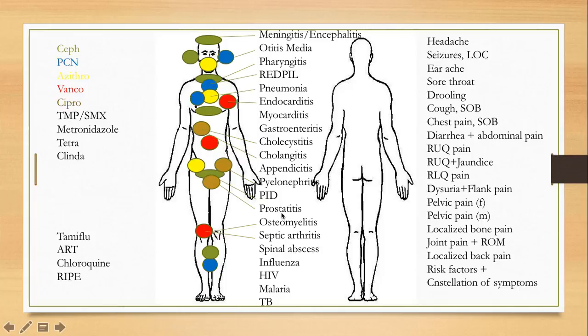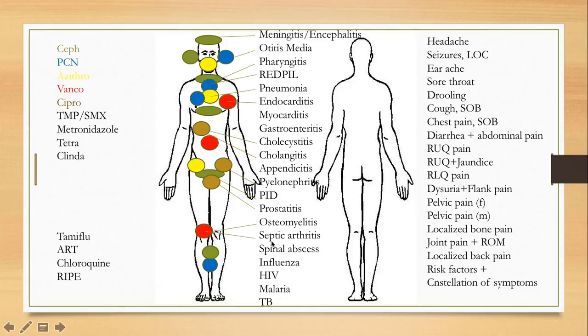Prostatitis patients, we already talked about it, so if you think it's an STD related prostatitis versus non-STD related, you can do ciprofloxacin in older folks, and then younger patients will get better with either azithromycin or cephalosporins.